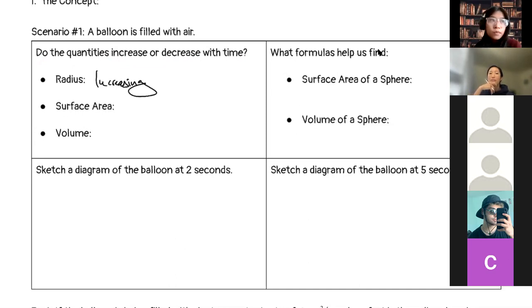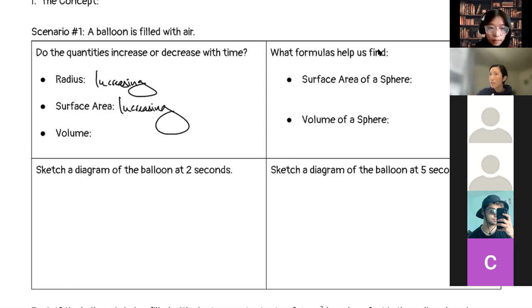What about the surface area of the balloon? Or like, you know, the actual physical part of that balloon? Is the surface area going up or is it going down as we fill it with air? It is increasing. Yeah, exactly. All right, what about that volume? The amount of air inside that balloon.